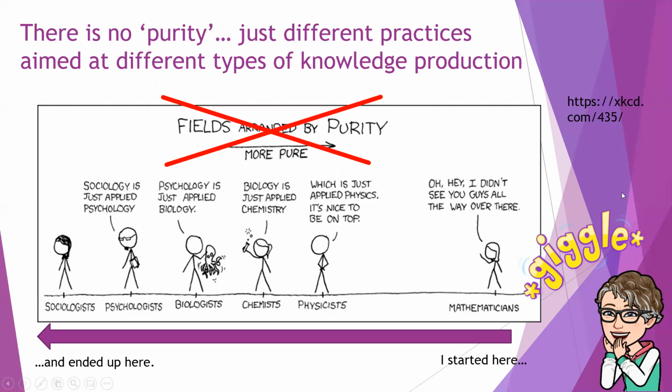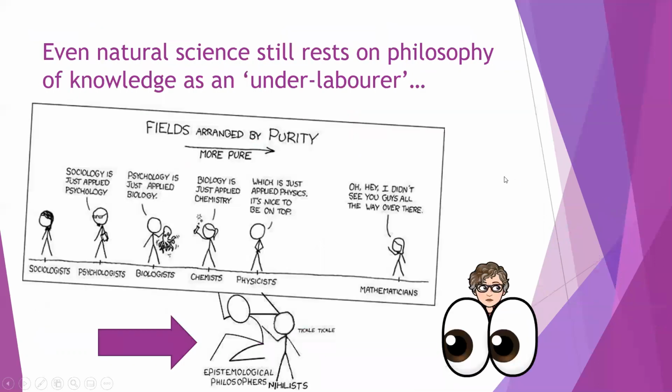But then this XKCD comic itself got a twist on it at a future instantiation, where you've got your supposed spectrum of purity, whatever, and right at the bottom there, the purple arrow you can see is pointing to the epistemological philosophers, the people who do the work thinking about, well, how do we know what we know?